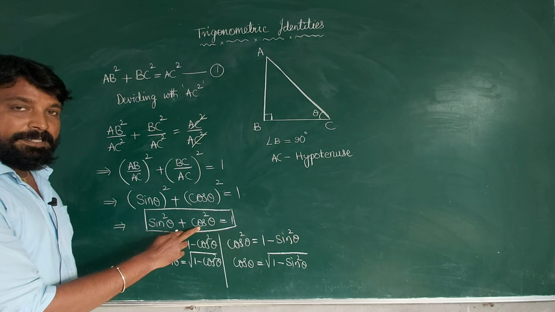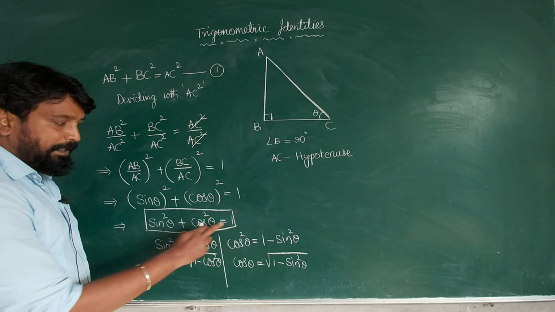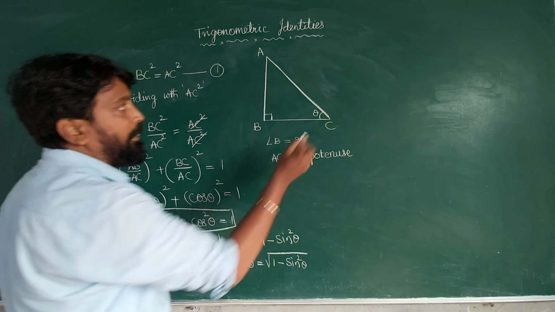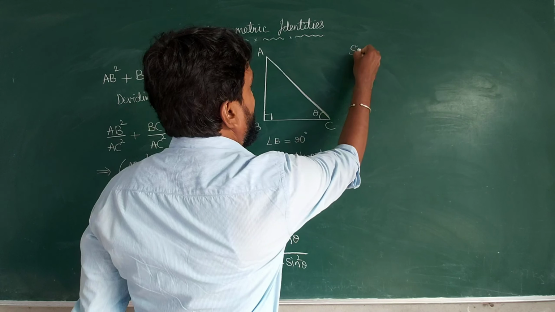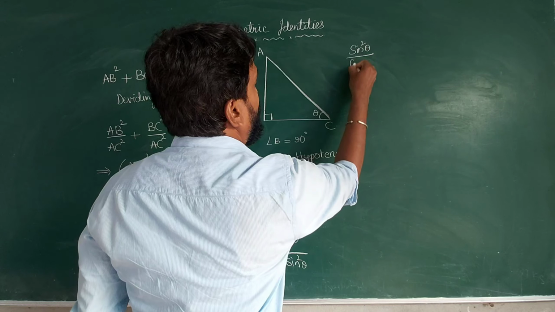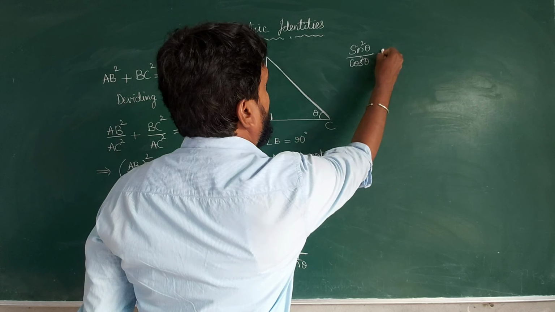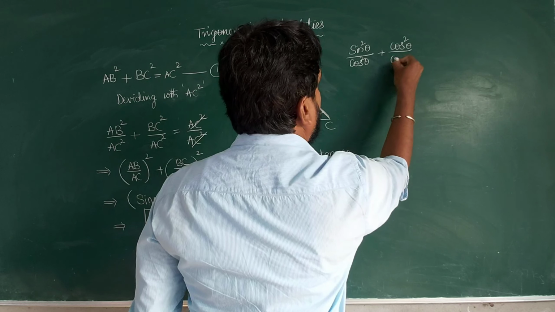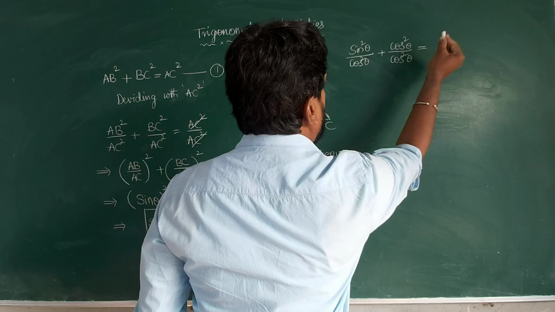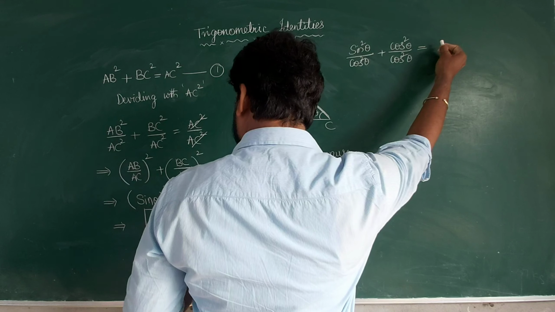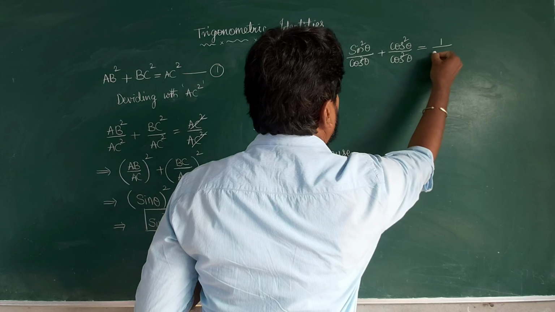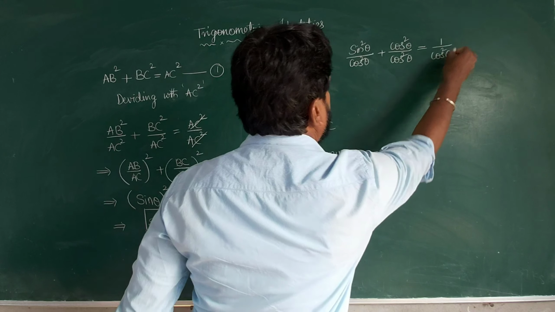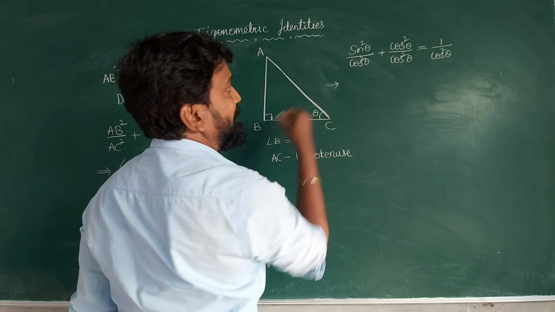So dividing the first trigonometric identity by cos square theta, what will we get here? Sin square theta by cos square theta plus cos square theta by cos square theta is equal to 1 by cos square theta, right?